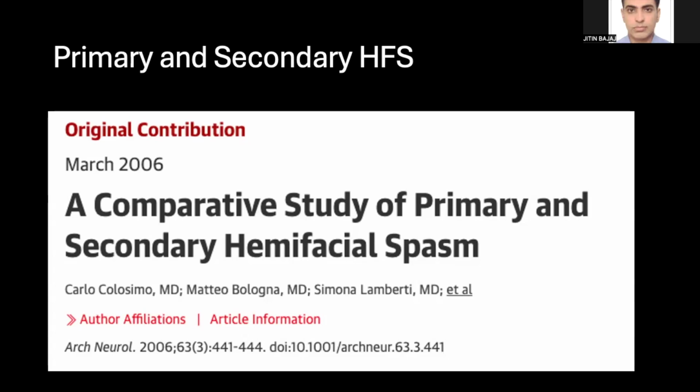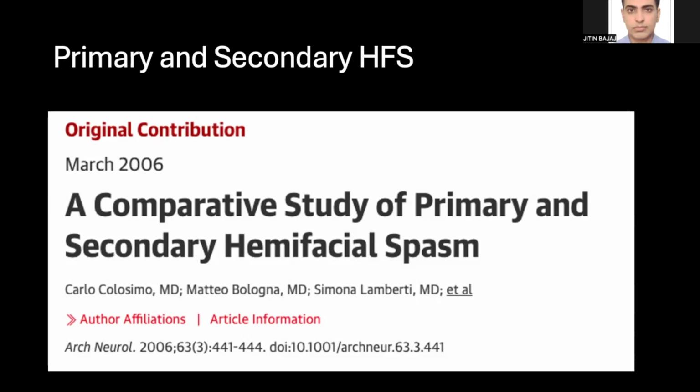This study compared primary and secondary HFS patients and found that the difference is mainly in the clinical scenario. Most patients, 65% with primary HFS, initially had contractions of the periocular muscles alone; the contraction starts around the eyes. Whereas most patients, 72% with secondary HFS, reported involvement of the upper and lower facial muscles simultaneously, including the platysma muscles.